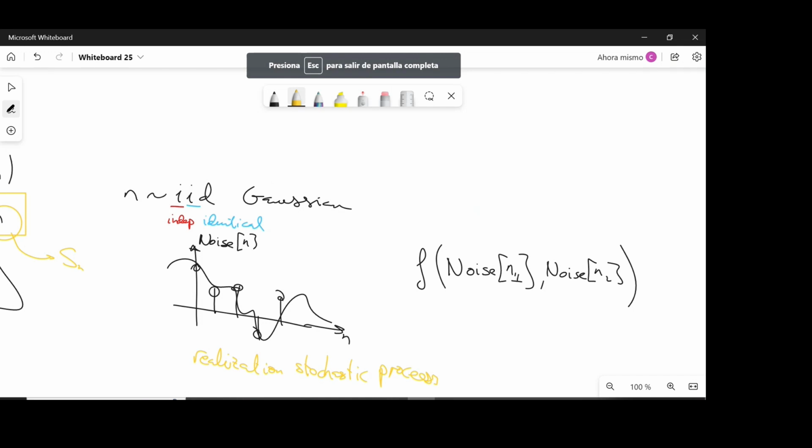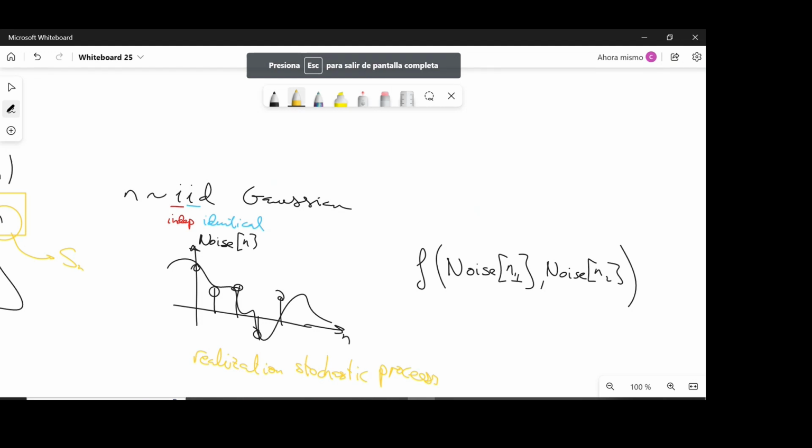You observe this process, you get this shape. You observe it again, and you get a completely different shape. So it is random, but it has some common properties. For instance, the mean could be the same, the autocorrelation could be the same, the standard deviation could be the same. So the statistical properties are the same, but the specific values are different.